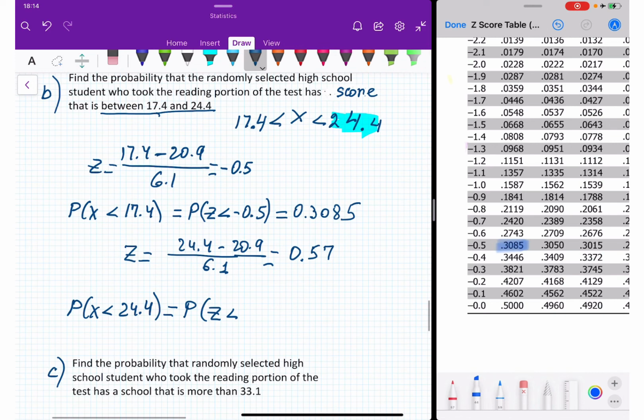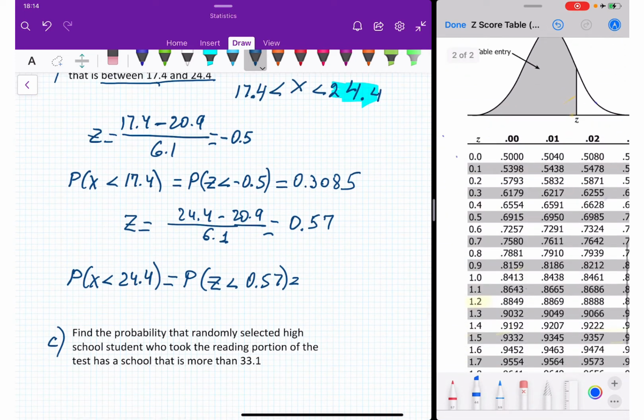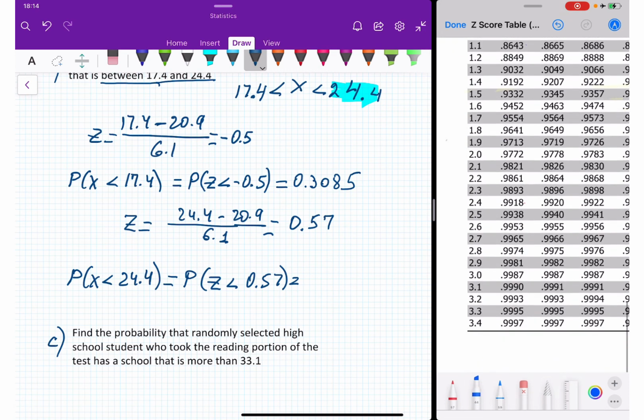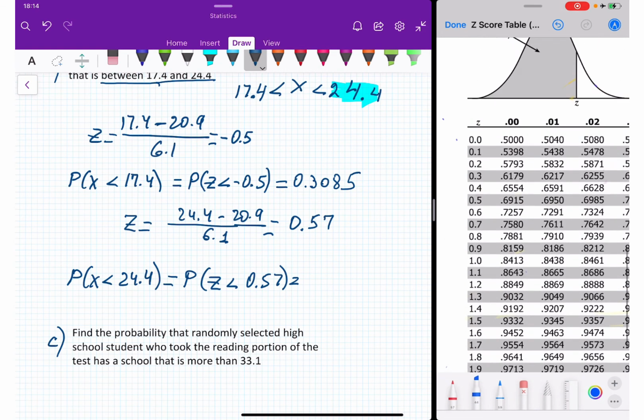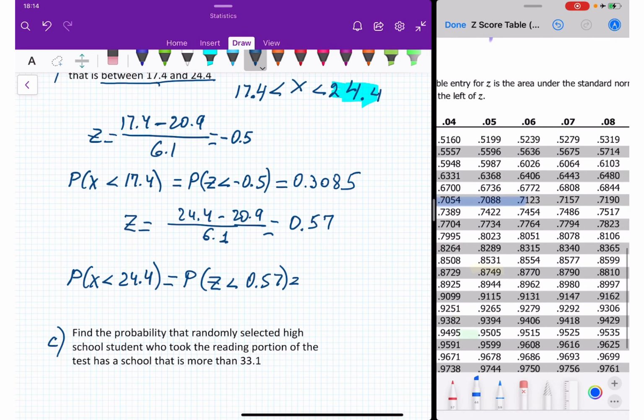Okay, so it's going to be less than 0.57, positive 0.57. Let's see. 0.5, and we need to go all the way till 7. Right here, 7. So 0.7157.